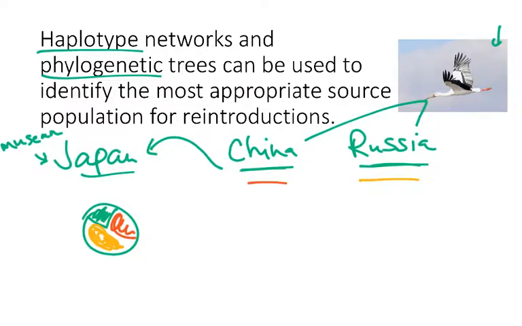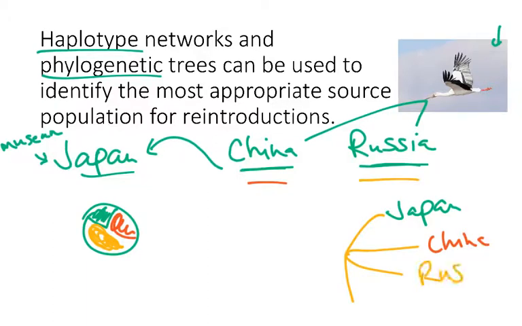Similarly, if we were to use a phylogenetic tree approach, if we found that there was a branch on that tree that had individuals from Japan and China and Russia, remember, on a phylogenetic tree, individuals that are neighbors and are clustered together are genetically most similar.